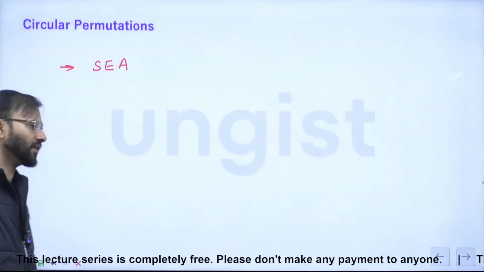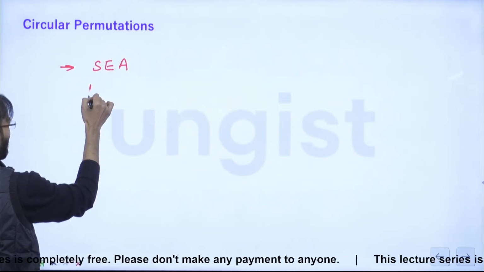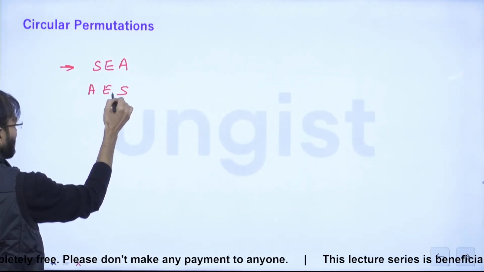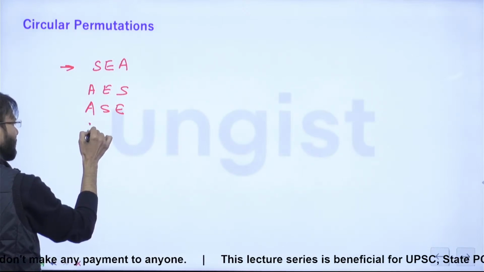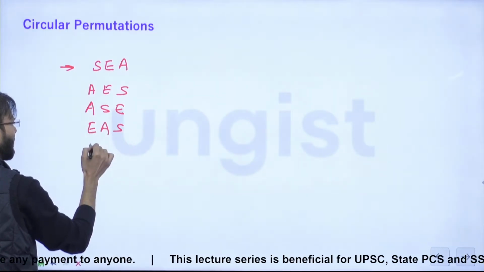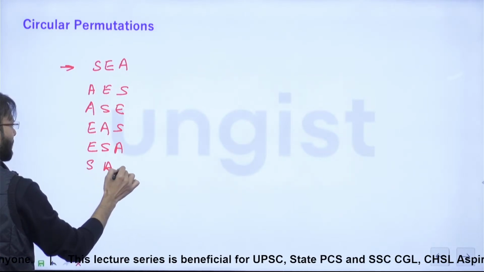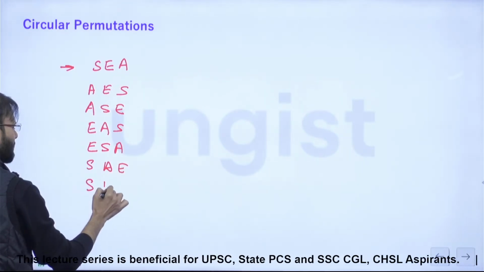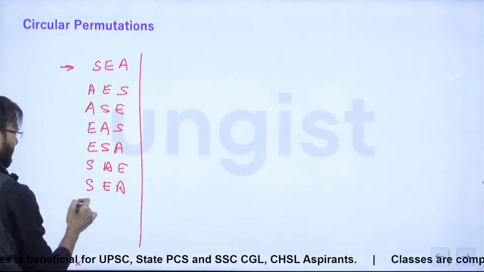The total words that can be formed are 6: AES, ASE, EAS, ESA, SAE, and SEA. Correct, everybody? There are a total of 6.